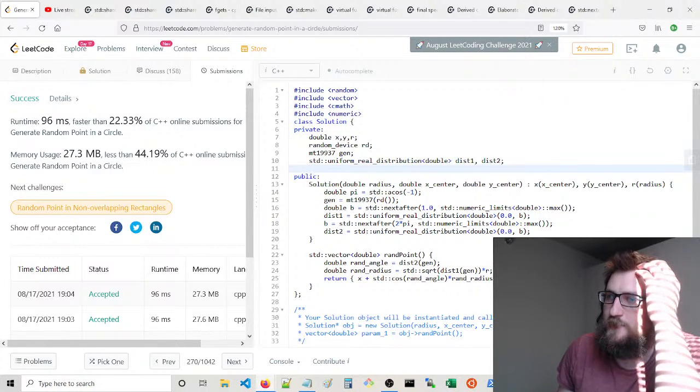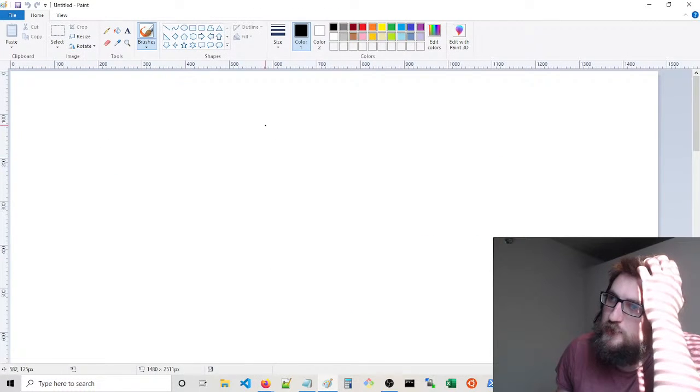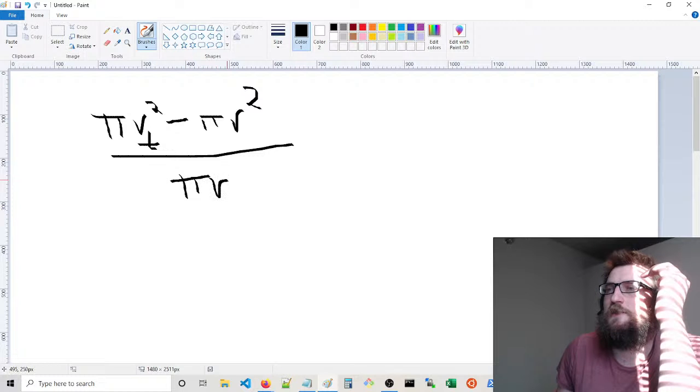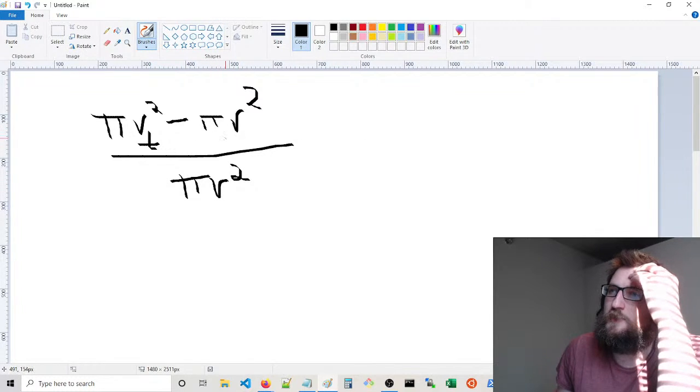So it looks something like this. This is the probability of picking a point. So you have pi r total squared minus pi r squared over pi r total squared, and this is the probability of picking a point in the larger portion, and this is the smaller portion.